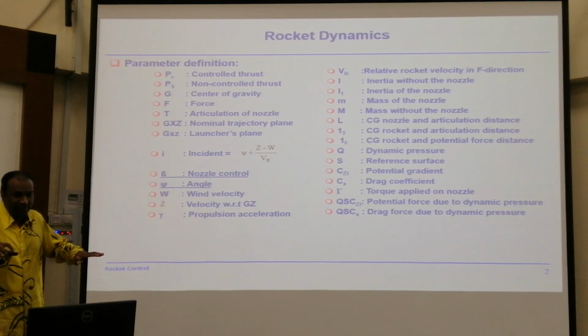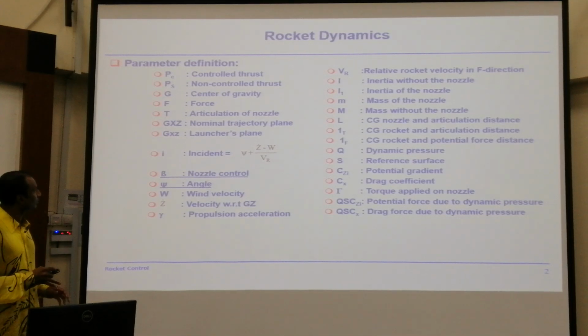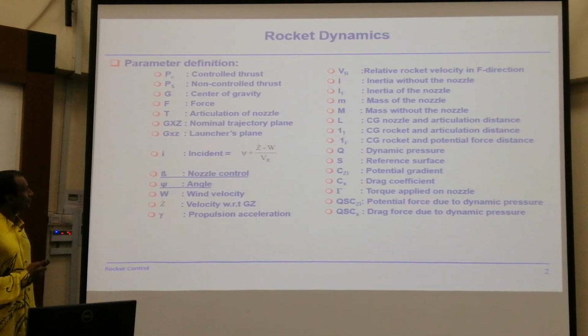This is basically a definition of a plane to define the actual rocket model that we talk about. This is the launcher's plane. This is the incident, I will show you exactly this incident. This is just an angle.